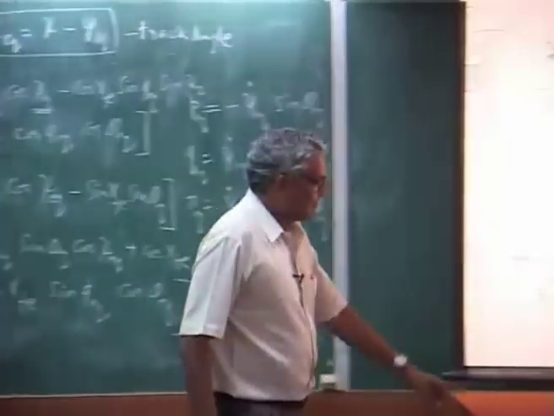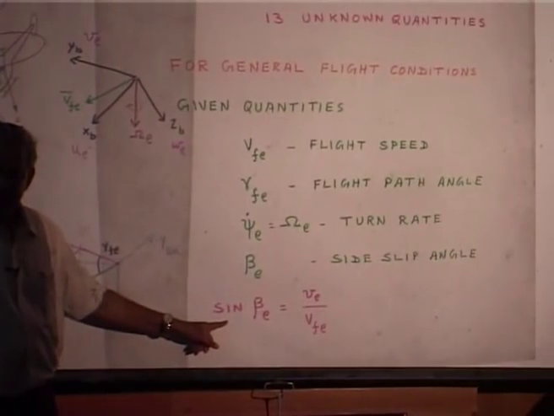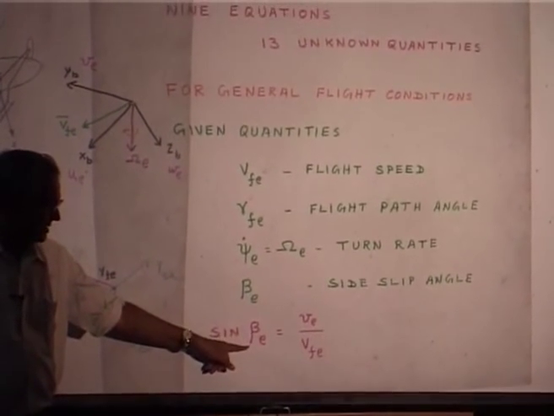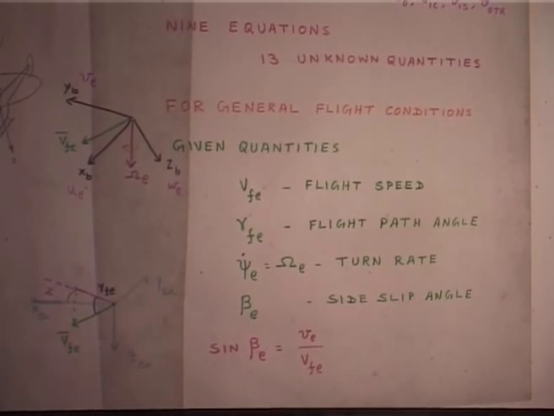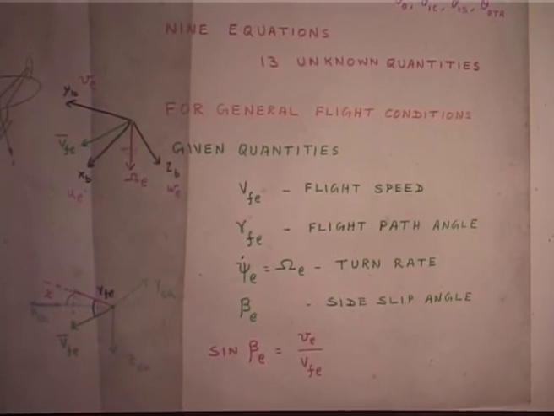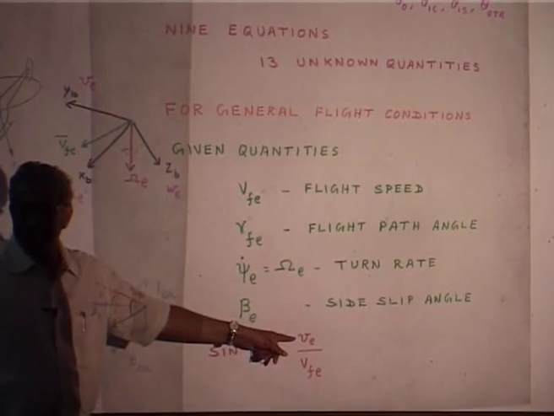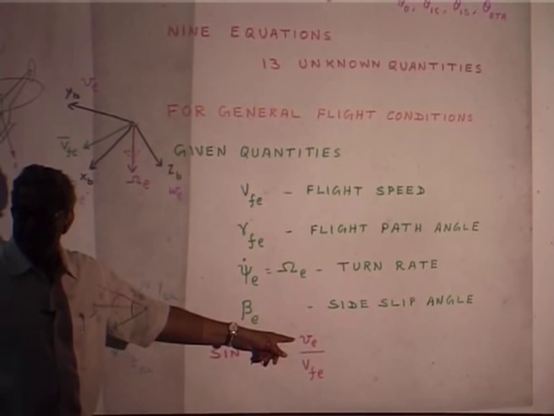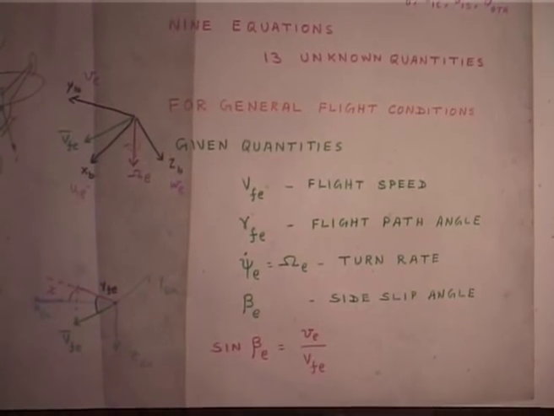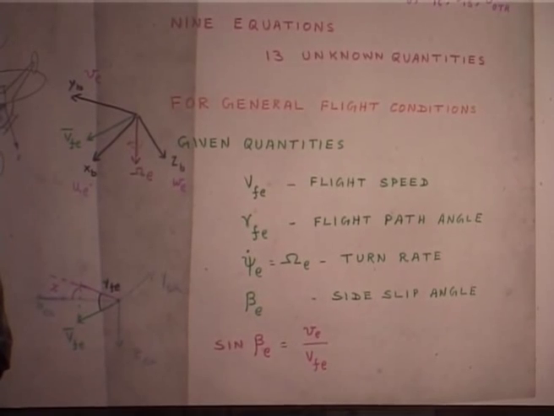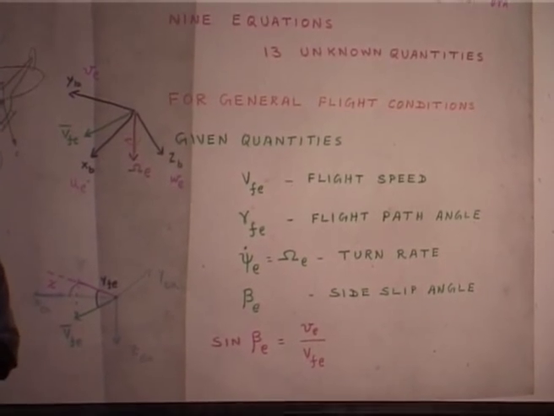Okay. What is given here is sin beta E, because side slip angle is specified. You have to specify what is side slip. Side slip angle is what? This is V equilibrium in the body system. Okay. Whether you are moving along the y body, along the y axis of the body system.